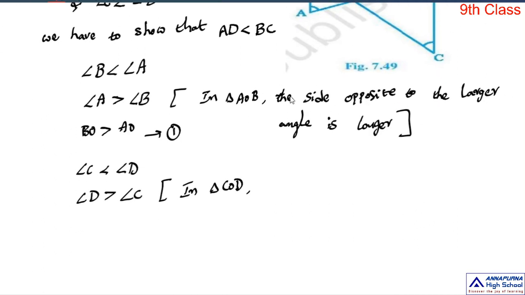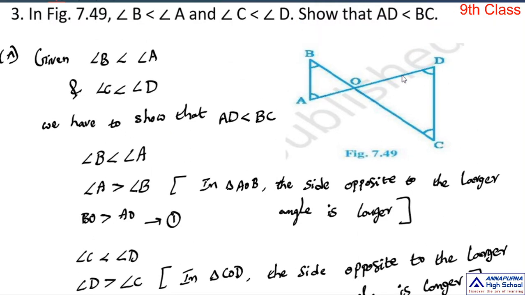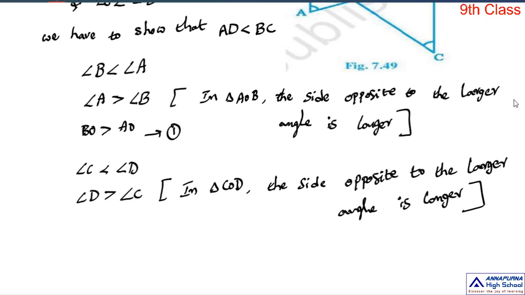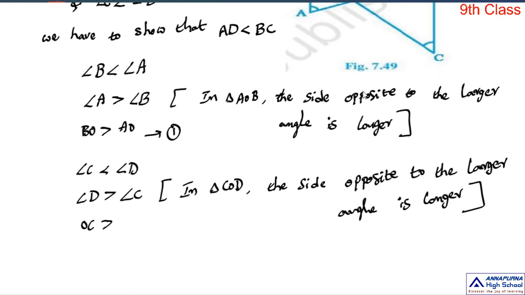So the side opposite to angle D is CO, or OC, which is greater than the side opposite to angle C, which is OD or DO.